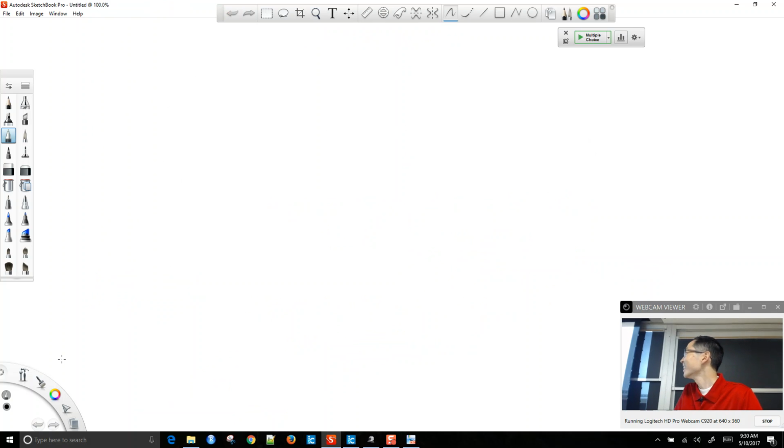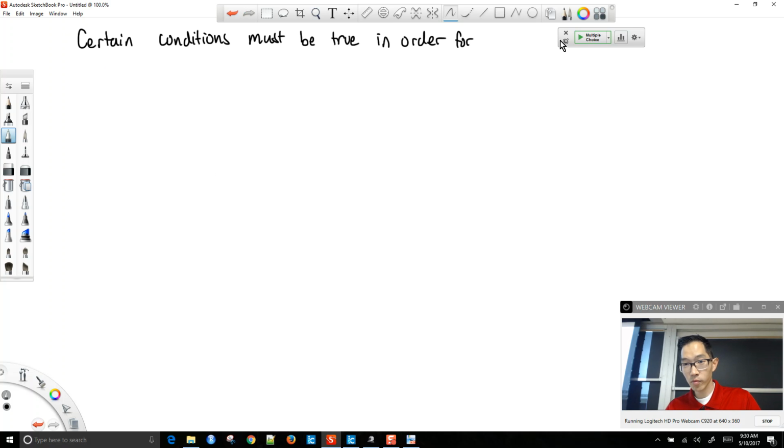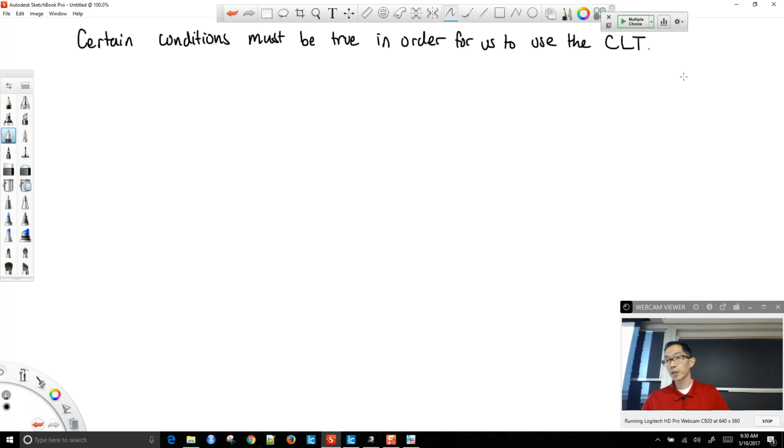Maybe not. There was a little asterisk in the central limit theorem, and that is that certain conditions must be true in order for us to use it.